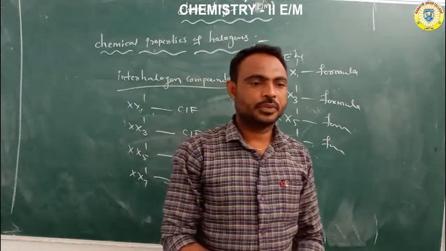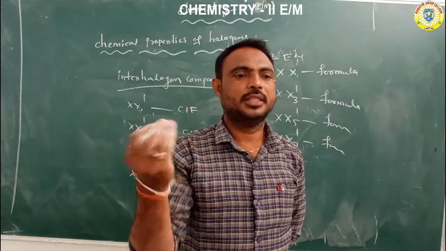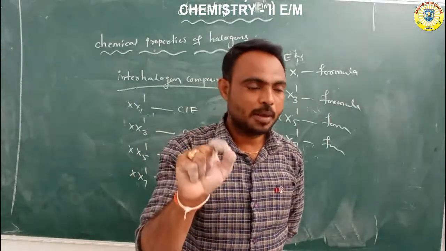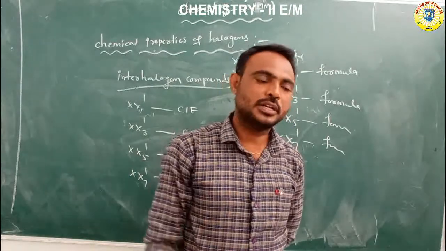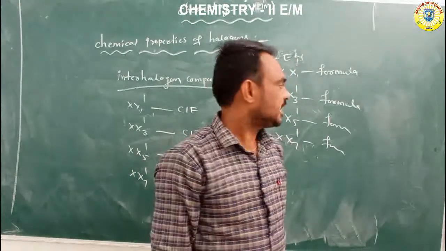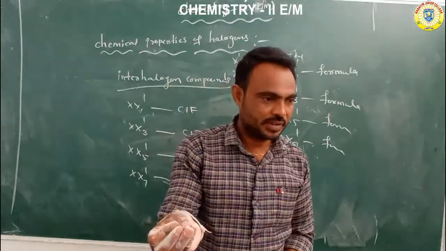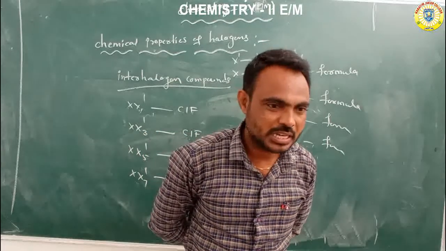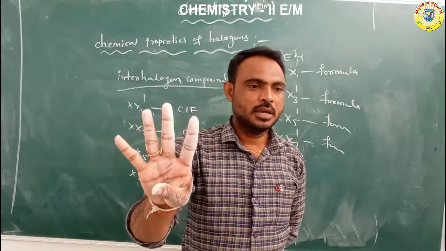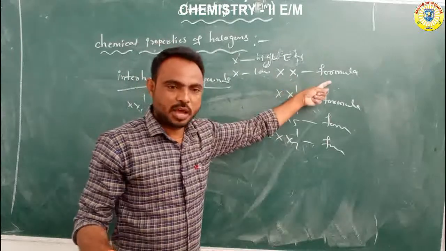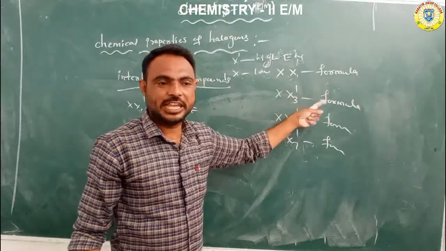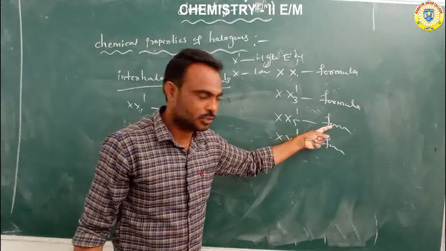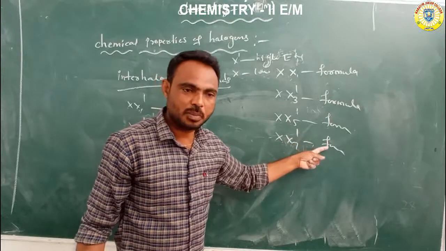Listen. One halogen reacts with another halogen to form a binary compound. That compound is called an interhalogen compound. So the best examples are ClF or IF7. These interhalogen compounds are classified into four types: XX' formula of compounds, XX3' formula of compounds, XX5' formula of compounds, XX7' formula of compounds.